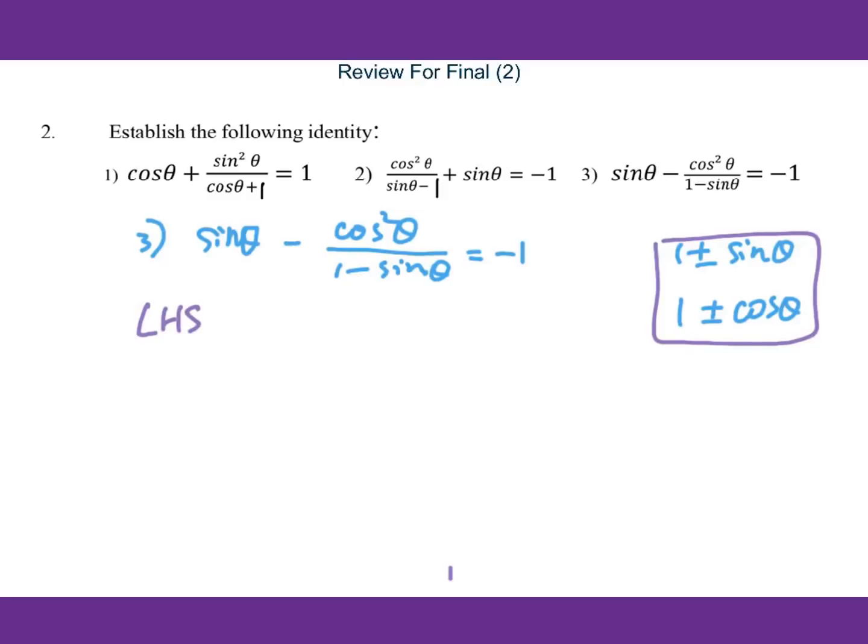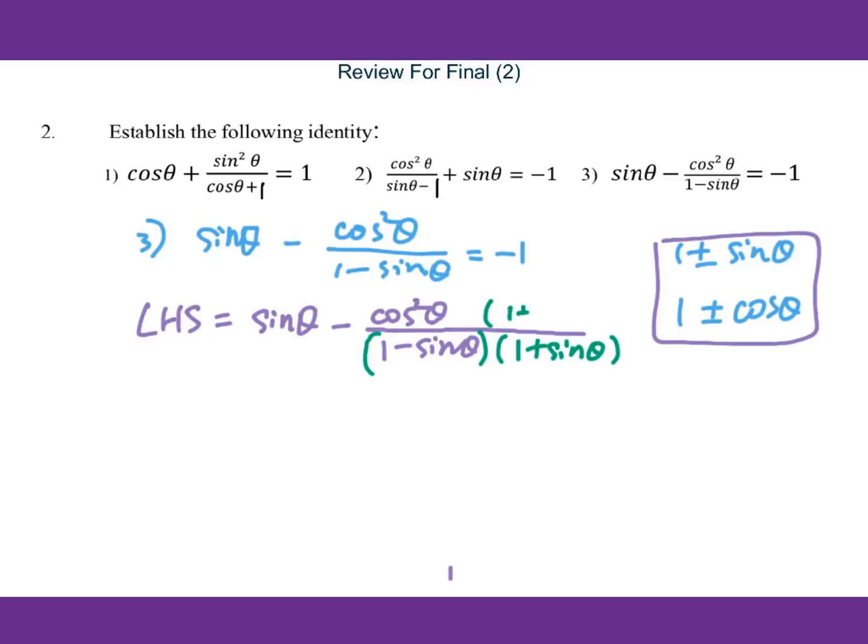Your left-hand side equals sine theta minus cosine square theta over 1 minus sine theta. Multiply by 1 plus sine theta, top and bottom. So we got 1 minus sine square theta, which means cosine square theta.